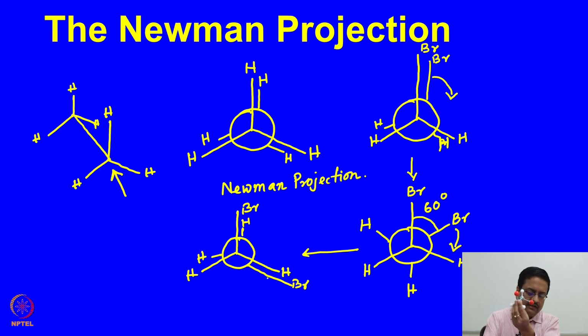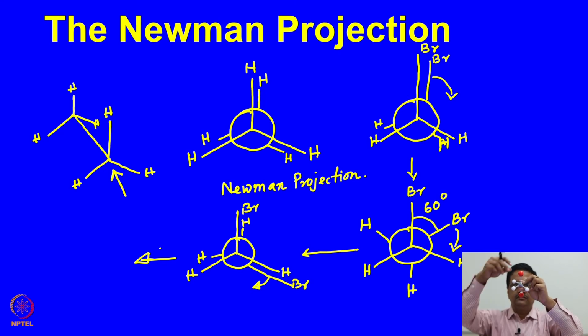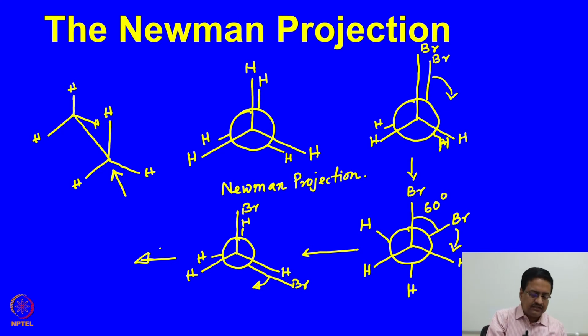And then further, if I rotate this bond by another 60 degrees, what should I get? The back carbon is further rotated by 60 degrees to make it look like that. One bromine is up and the other bromine is down, and the hydrogens are in between. If I try to draw that in this projection, I would get something like this.